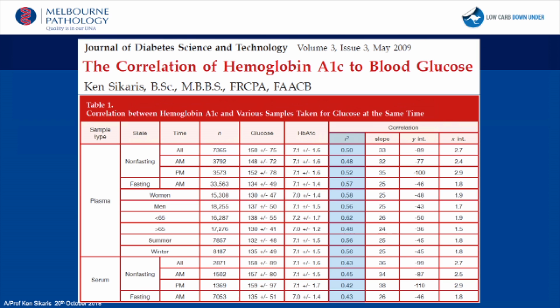I published a few papers on this correlation, and what's remarkable is that if you take a single glucose level, it predicts 50% of your hemoglobin A1c. So there's 50% can be predicted from one glucose level, which is pretty amazing, really.